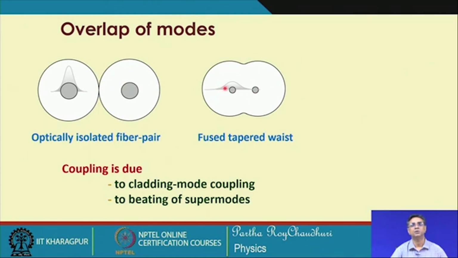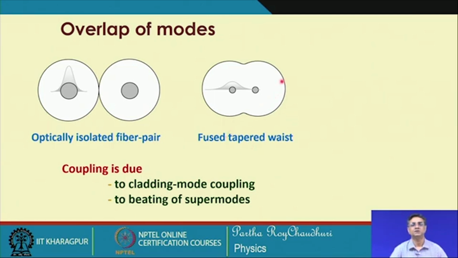Because of the reduced dimension of the core, the light flares out and hits the second waveguide. This is also a guiding region. So, the light wave interacts with this waveguide and gets guided through it. This is the basic principle.